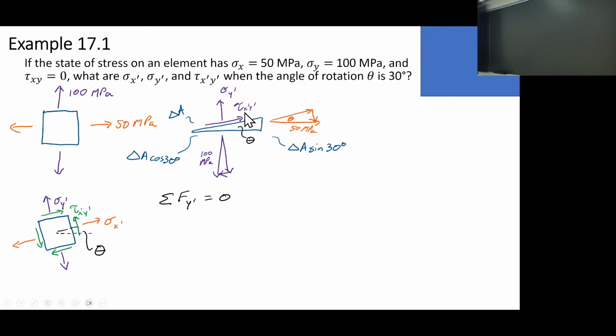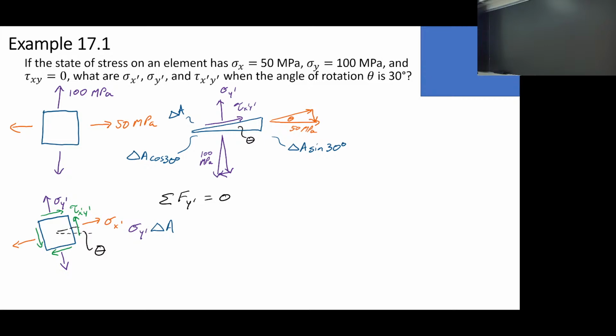The tau x prime y prime has got to be exactly the same as what we got last time. So if you've already done the other problem, on the previous slide, don't sum the forces in the x prime direction, because that's going to waste your time. What we really need to do is figure out what sigma y prime is, because we already know tau x prime y prime.